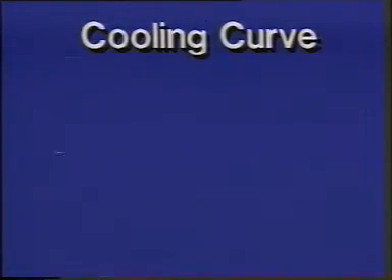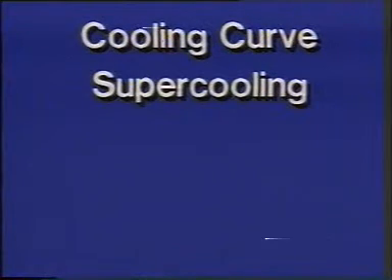An ideal cooling curve shows the temperature behavior of a metal as it is heated and allowed to cool by plotting time versus temperature. An actual cooling curve shows that the temperature of the molten metal will dip below its solidification temperature before returning to that temperature. This is called supercooling.